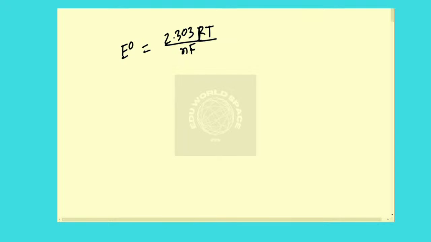The standard cell potential is equal to 2.303 RT over nF times log of K, where K is the equilibrium constant. And since we are asked to find the value at 25 degrees C, we know that at 25 degrees C the value of this part is 0.0592.